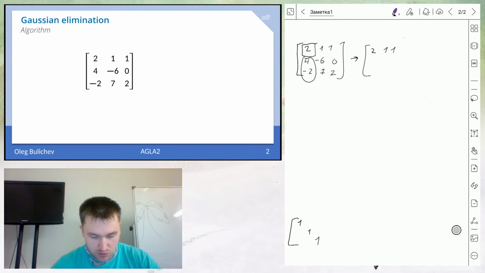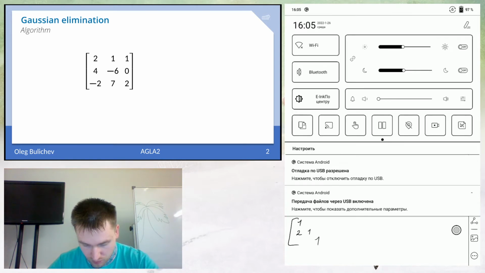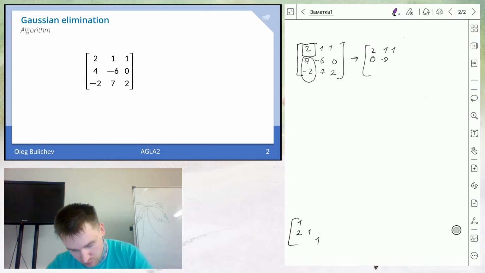So we need to multiply by 2. We write 2 at the bottom because it's the number we are using. Then 2 by 2 is 0, minus 6 minus 2 will be minus 8, and 0 minus 2, my bad, minus 2.